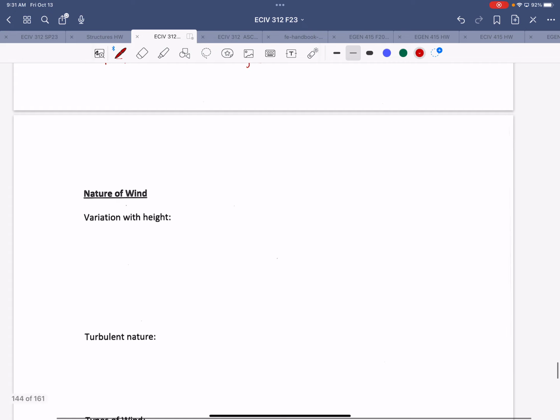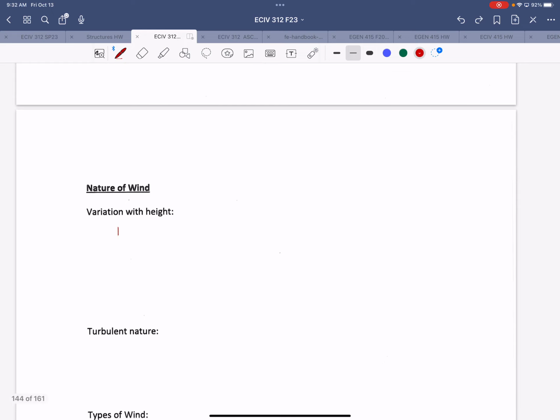So first, the wind velocity. The wind velocity varies with height above the ground. If we were to sketch a profile, where this bottom line represents the ground, the wind velocity would take on the form of a parabola, something like this, where above a certain height, we call that gradient.